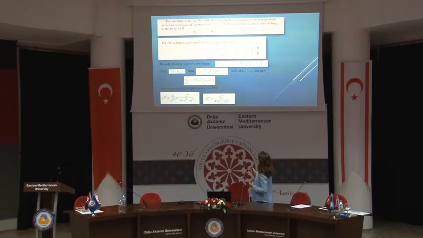If I use this, I will get this formula, and I already know that eigenvalue equation.